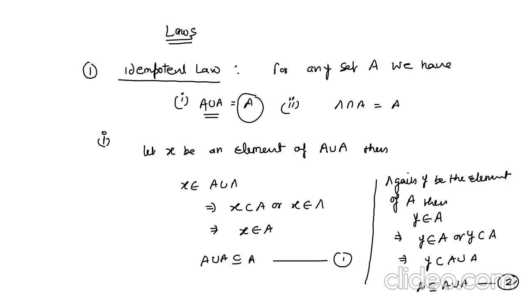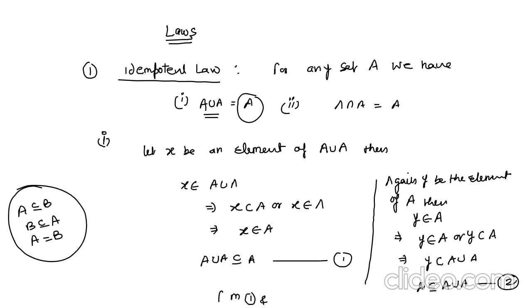So from 1 and 2, because we know that by definition of subset, if A is a subset of B and B is a subset of A, then A equals B. So from 1 and 2, A union A equals A.